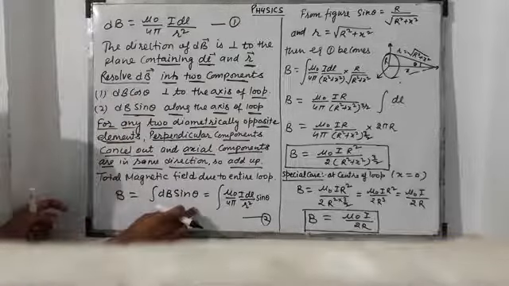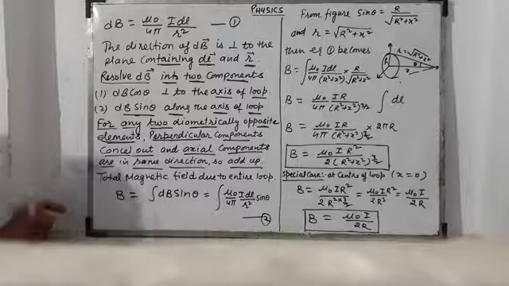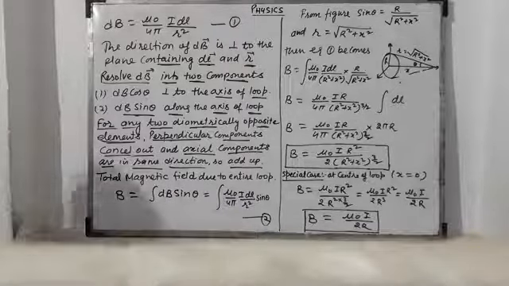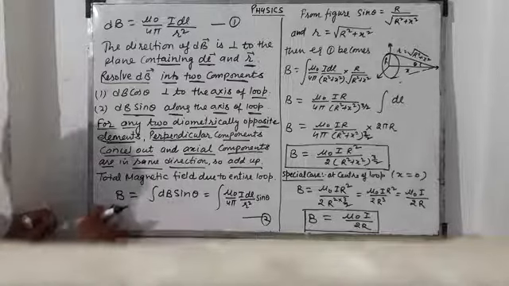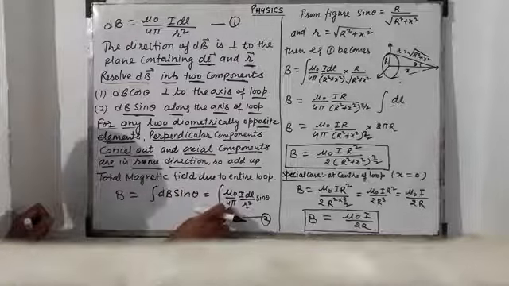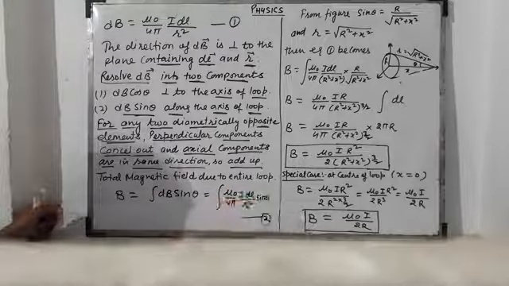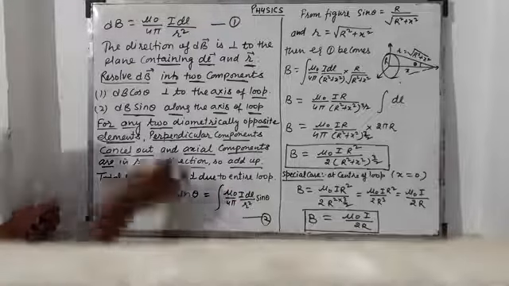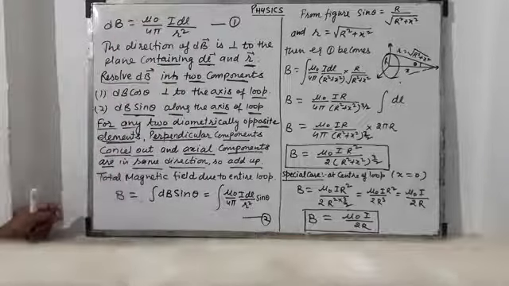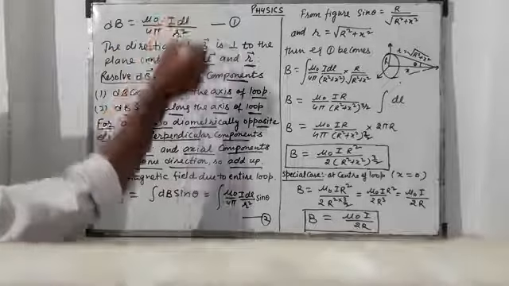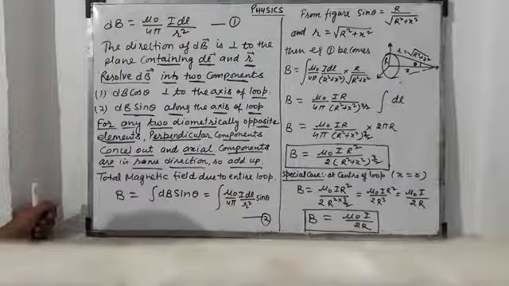So B is equal to the integral of mu naught upon 4 pi, I dl upon r square, sin theta, because the value of dB in equation 1 is mu naught upon 4 pi, I dl upon r square.